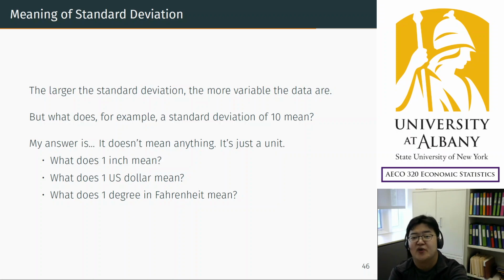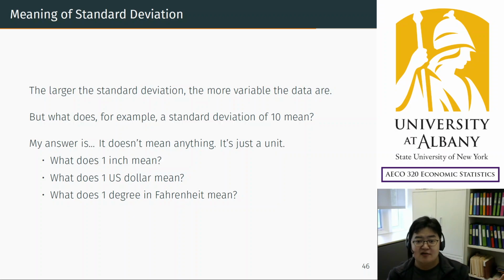Of course, originally they had some meaning. Maybe 1 inch was defined some way, and $1 was converted into a certain amount of gold in the past, right? And a degree Fahrenheit must have some scientific definition, but we don't need to know them.